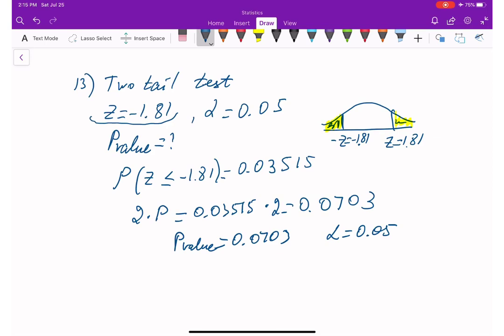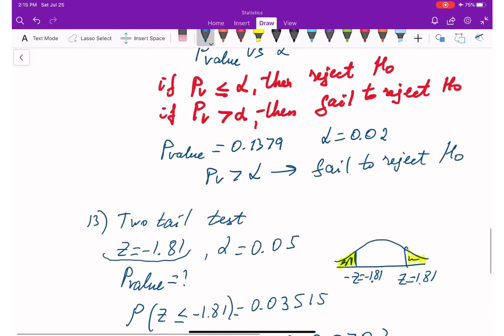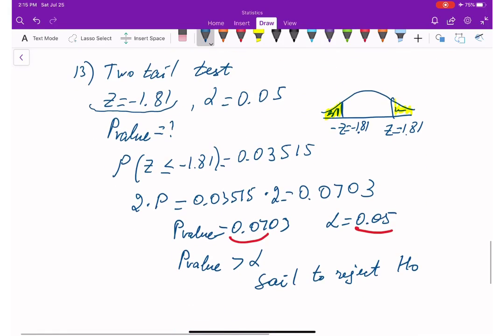So what do we get? 0.07 versus 0.05 is greater than, yes. So the p-value is greater than alpha, correct? Therefore, if it's greater, then we fail to reject the null hypothesis. Okay?